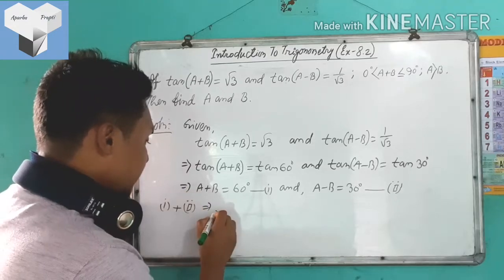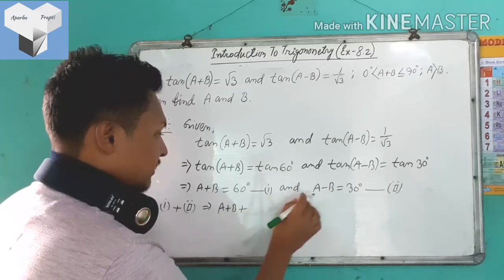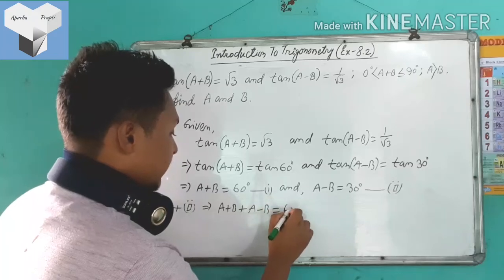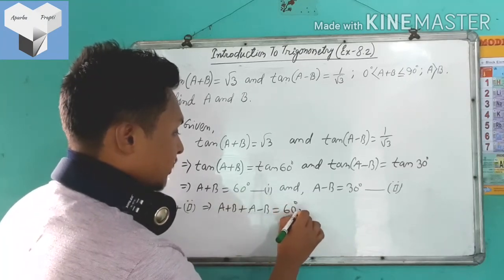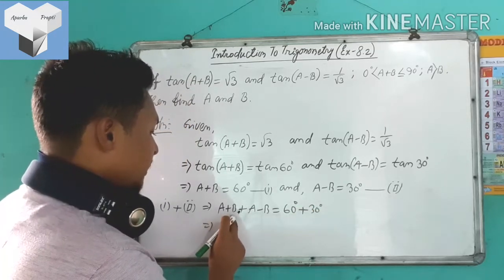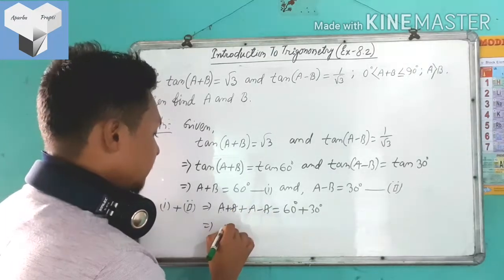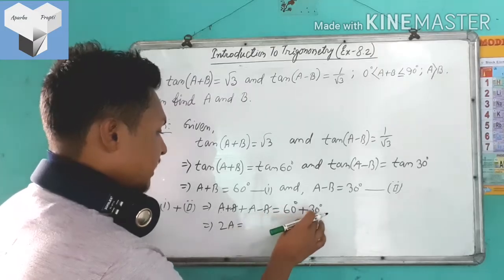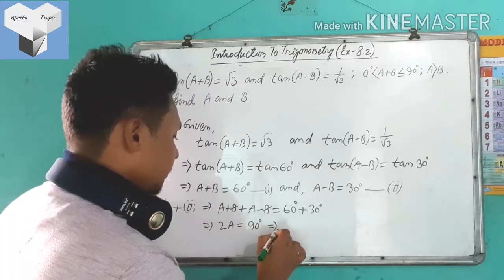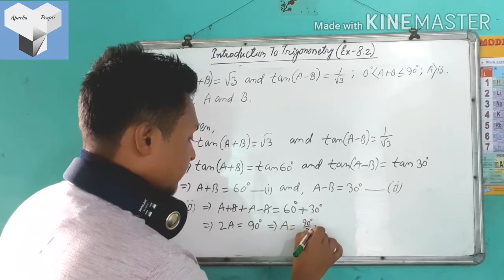So when we add, the left hand side is (a+b) plus (a−b), which is equal to the right hand side, 60 degree plus 30 degree. So here a plus b plus a minus b, plus b minus b is cancelled, remains only a plus a, that is twice a, is 60 degree plus 30 degree, that is 90 degree, or the value of a will be 90 degree by 2, that is 45 degree.